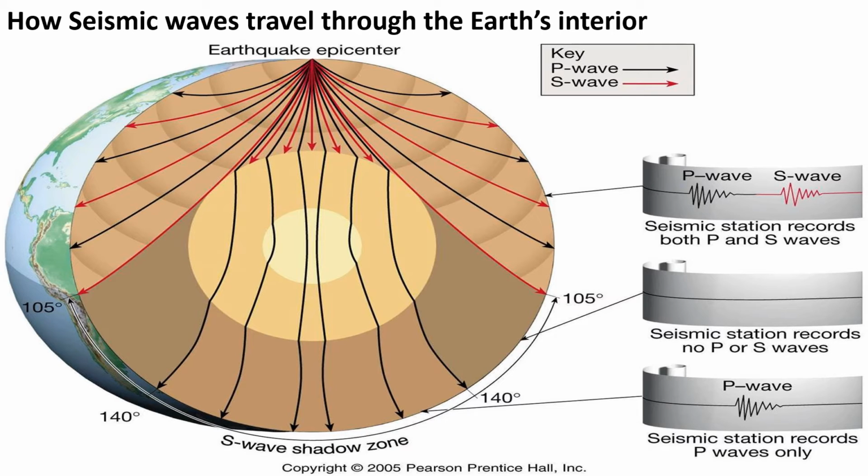So, for you to be guided, then try to observe the color where they are going through. So that is how they are being distributed, no? Or that is how the seismic wave travel inside the Earth's interior.